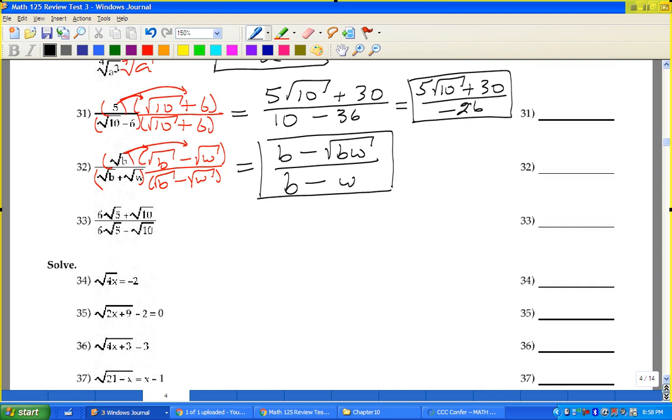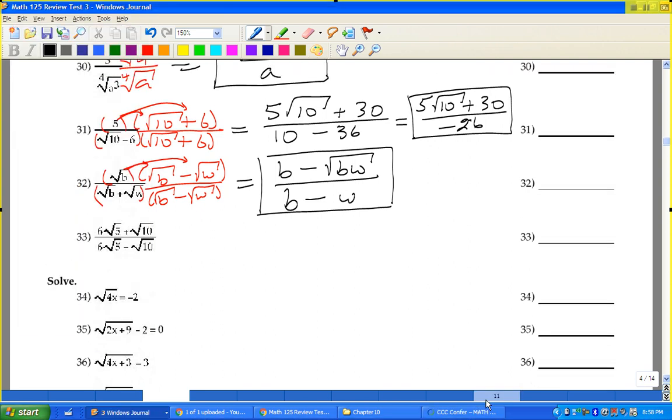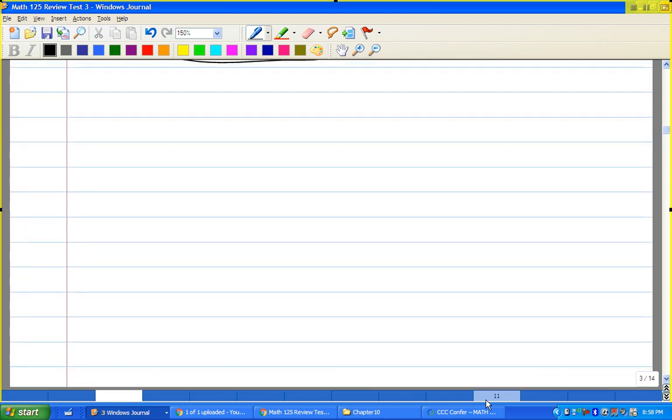Question. Why can't you cancel the B's? Well, it's because you can only cancel things that are factored. Suppose I had something like 6 minus 2 over 6 plus 3.